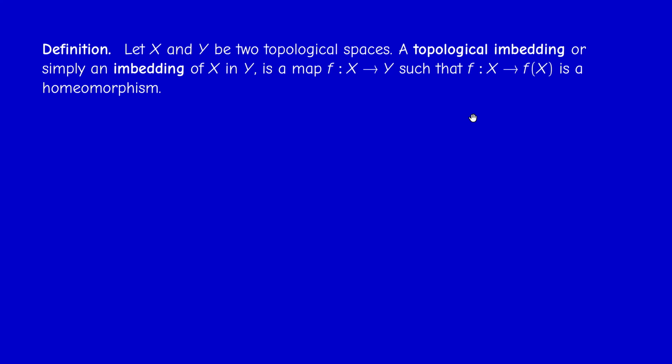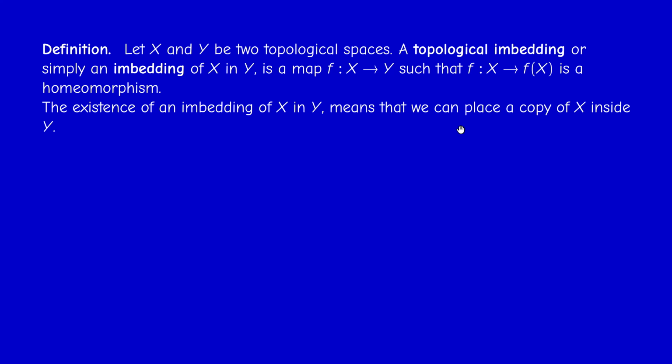If this is the case, we say that f is an embedding from the space X into the space Y. And this means that, according to our interpretation of the notion of homeomorphism, two homeomorphic spaces are just two copies of the same object. So saying that X is embedded in Y means that we can put a copy of X inside Y.